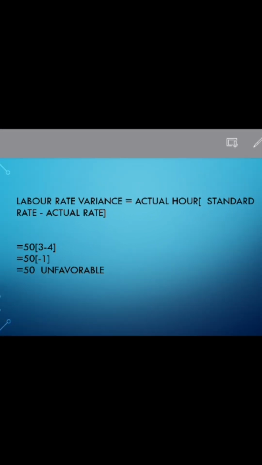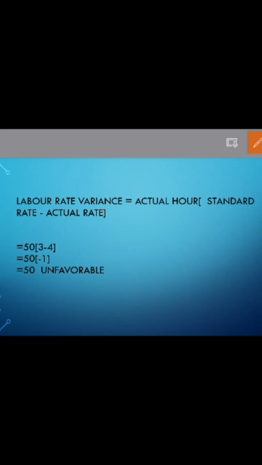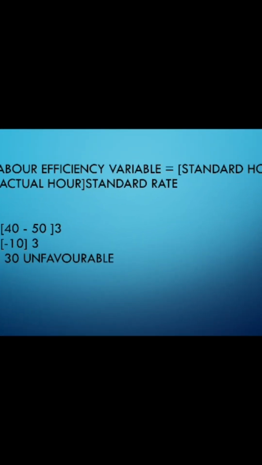And next we have to calculate the labor rate variance. Labor rate variance is equal to actual hour into standard rate minus actual rate. Therefore, 50 into standard rate 3 minus actual rate 4, which is 50 into minus 1, and it is unfavorable. Now, the last one is labor efficiency variance.